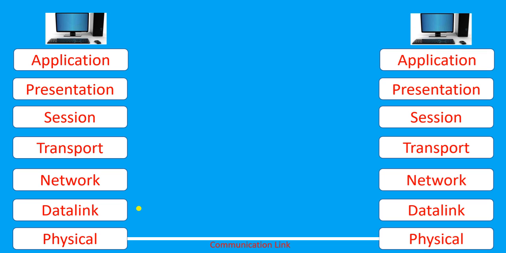We can consider the left side host system as host A and the right side host system as host B. So here data is transmitting from the application layer of host A down through the presentation, session and transport layers, and each layer has the activities it performs, and it will be transmitted to a communication link, maybe cables or other channels, and finally it will reach the destination.